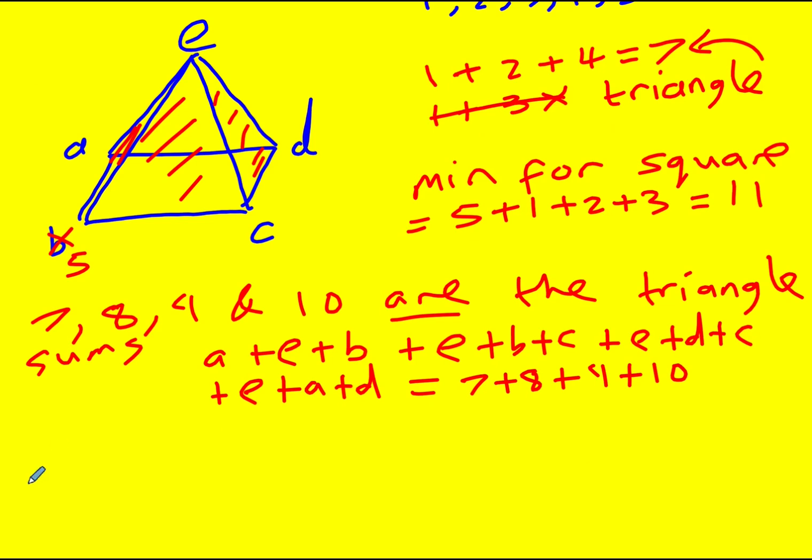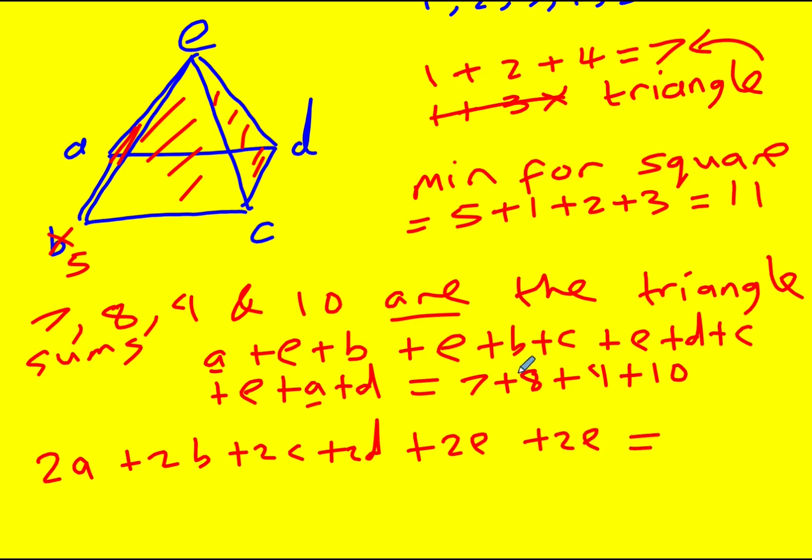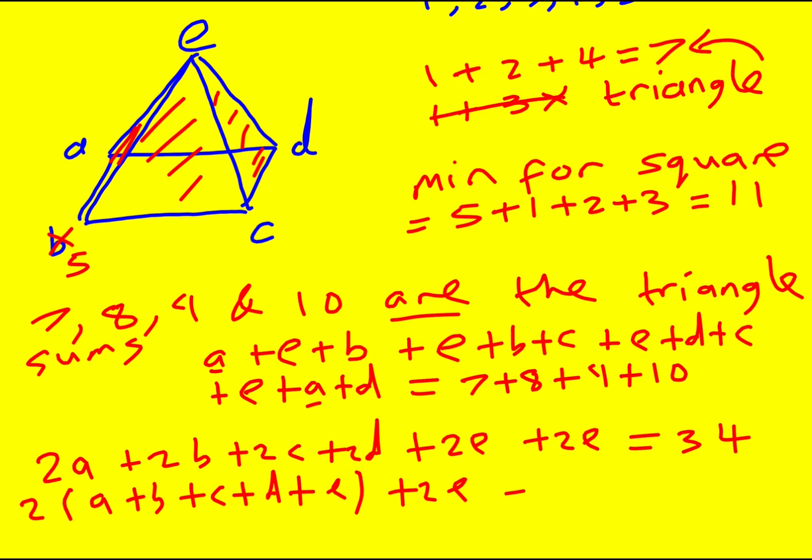So sorting this out, we're going to have 2A plus 2B plus 2C plus 2D, plus, and then I've actually got 1, 2, 3, 4 lots of E, but I'm going to write it as 2E plus 2E for reasons that I'll go into. And that's going to be 15 plus 19, which is 34. Because I can write this now as 2 times (A plus B plus C plus D plus E) plus 2E is 34.